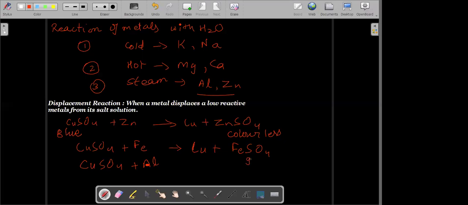So FeSO4 is green in color. Copper sulfate is blue in color. So we will observe a color change from blue to green. You can think of what will be the product and what color changes will be observed in the third case.